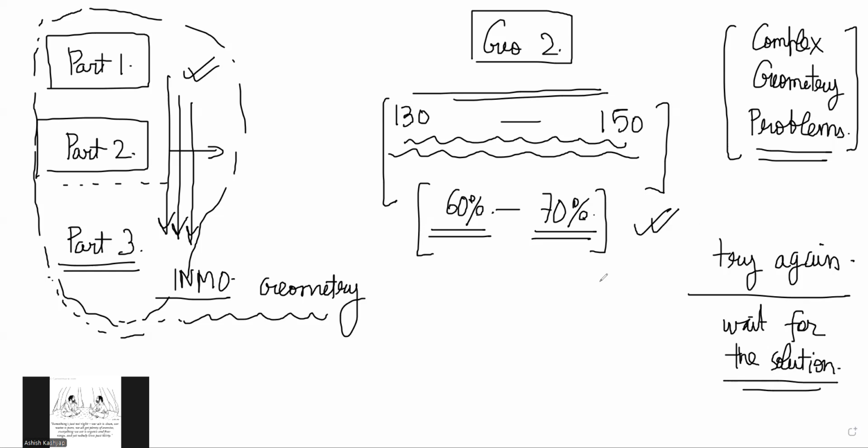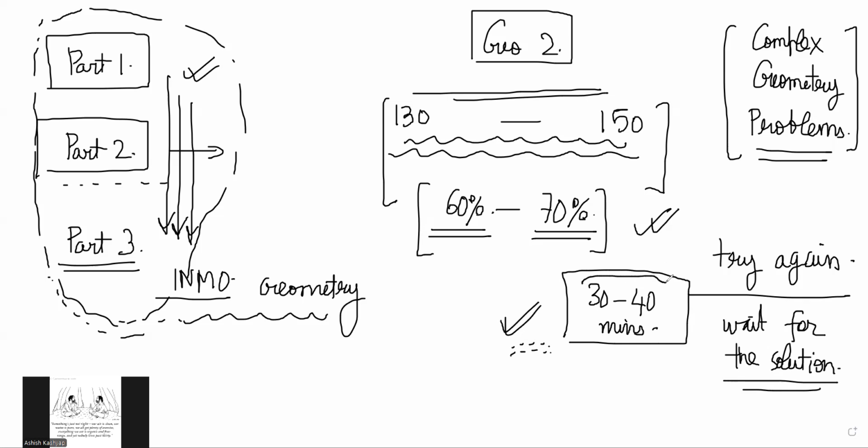If you have tried and given 30, 40 minutes to it and still you can't do it, then you can wait for the solution. We'll discuss it. You will learn something. But if you have not seriously tried, if you have tried for 5 minutes, 10 minutes, 15 minutes, 2 times, that's not serious trying. And if you don't seriously try, then you will not learn when I show you the solution also.